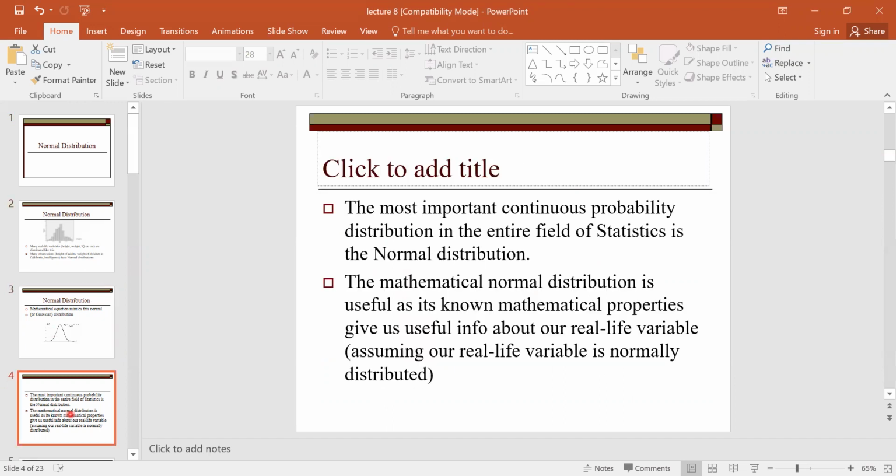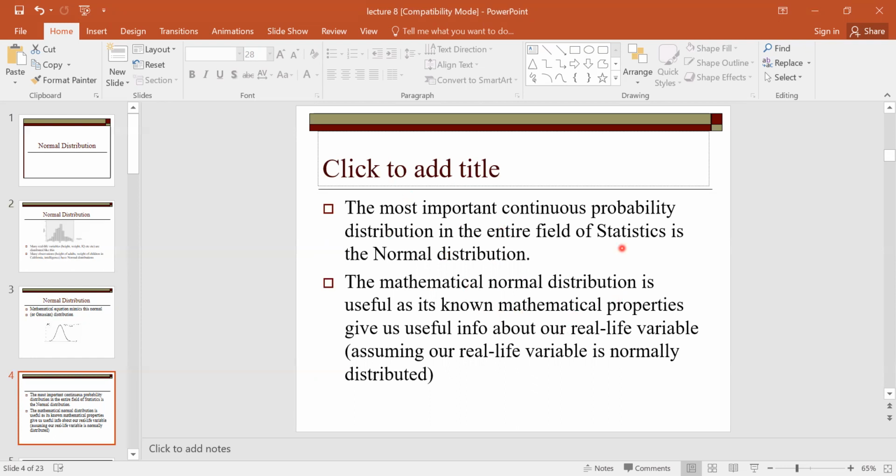And we say the normal distribution is a parent distribution, because at any stage, most distributions become the normal distribution. So in this video, you will learn the situations where we can apply the normal distribution and how practically we use this distribution in different fields.